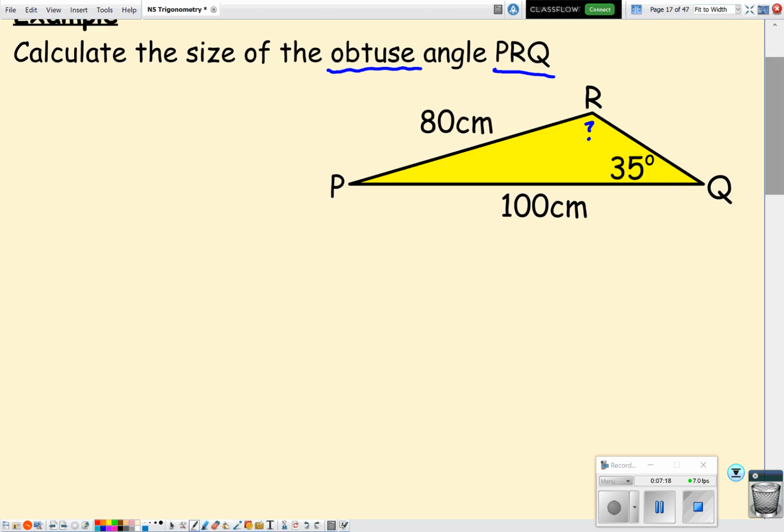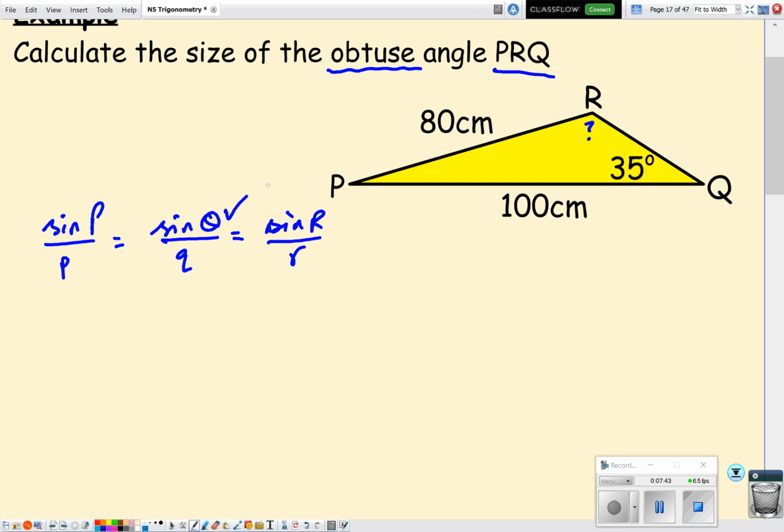So let's get our sine rule written out. So this will be sine P over P equal to sine Q over Q equal to sine R over R. Right, what do we know? Sine Q we know, so we'll tick that.